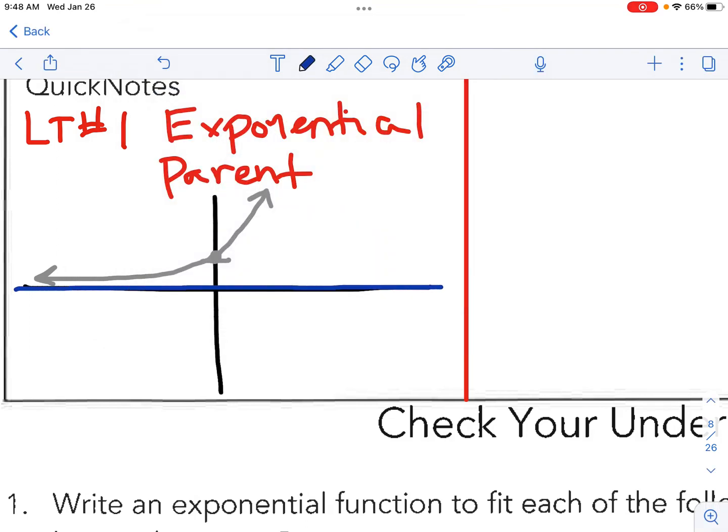Along the axis here, we have an asymptote, y equals 0, and an intercept at (0, 1). So that's the parent function. That's the first thing.